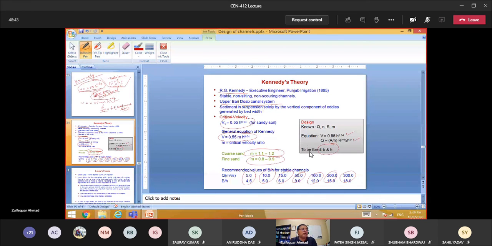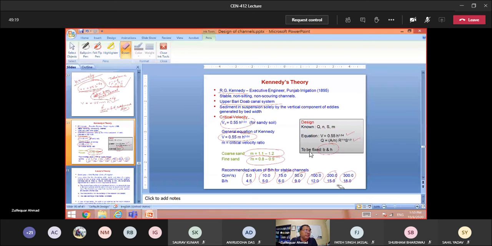So the conclusion here is that this engineer of the Punjab Irrigation, R.G. Kennedy, worked on the Upper Bari Doab canal system and came out with the equation relating the velocity with the depth of flow, V = 0.55 h^0.64, with the concept that the turbulence originating from the bed keeps the sediment in suspension.